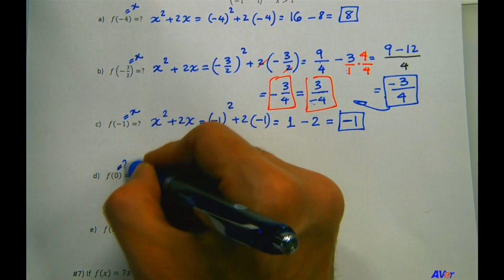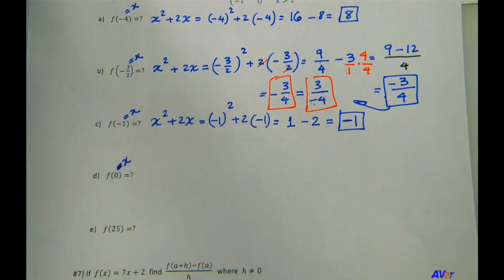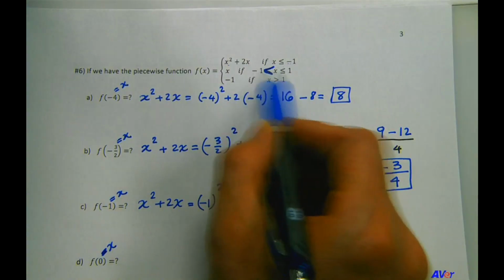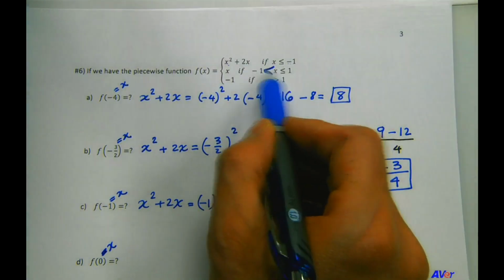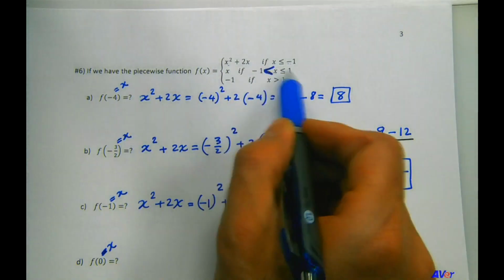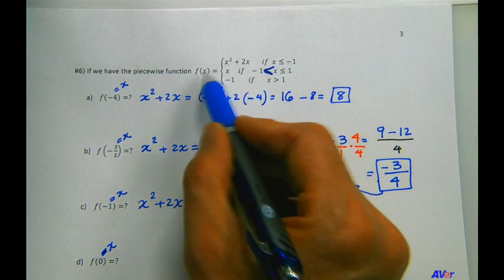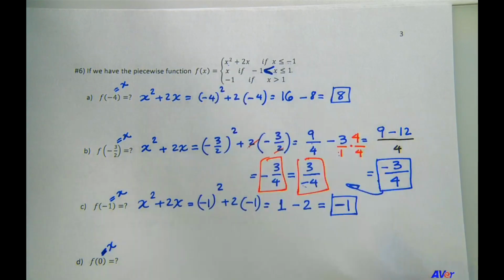Okay, this one says evaluate the piecewise function for x equals 0, right? x equals 0 is in this condition. If x is between -1 and 1, and 0 is between -1 and 1, then f of x equals x.